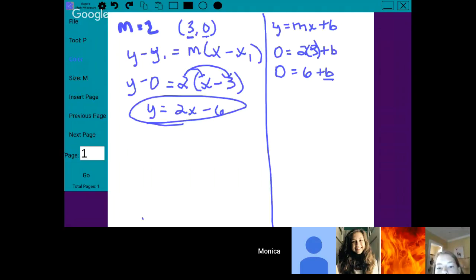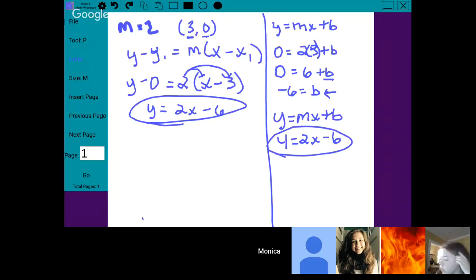And to get b by itself, we need to subtract 6 from both sides. So we'd get negative 6 equals b. And then go back and plug that in to y equals mx plus b, where your m is given to you as 2. And we know your b that we solved for here is negative 6. So that's how the book does it. This is the way that I was trying to show you guys a little bit yesterday.